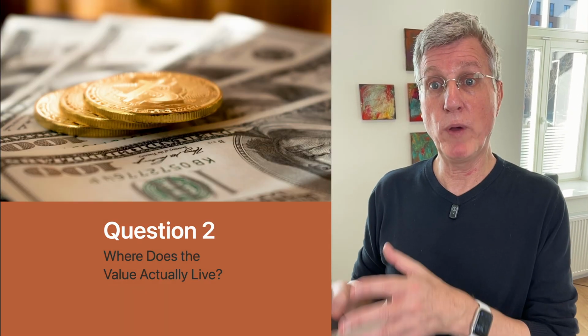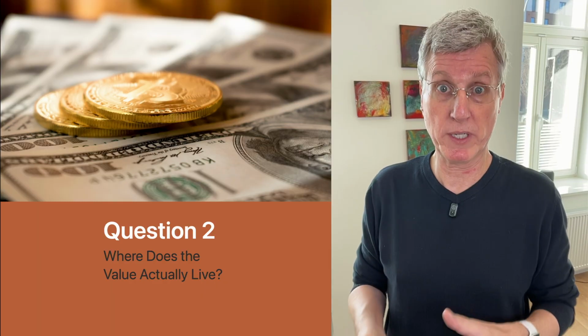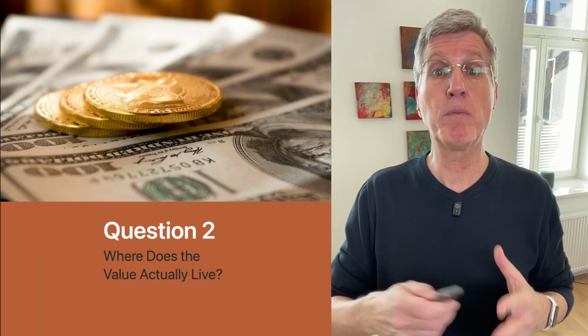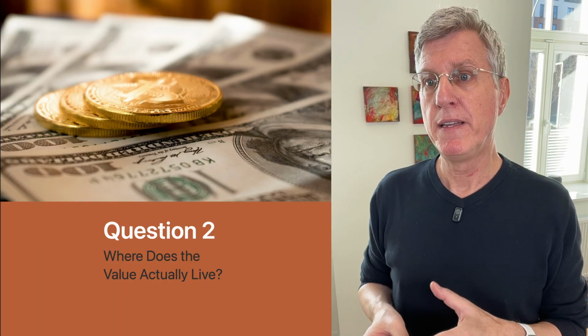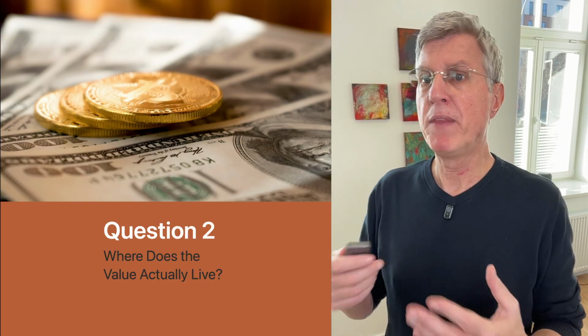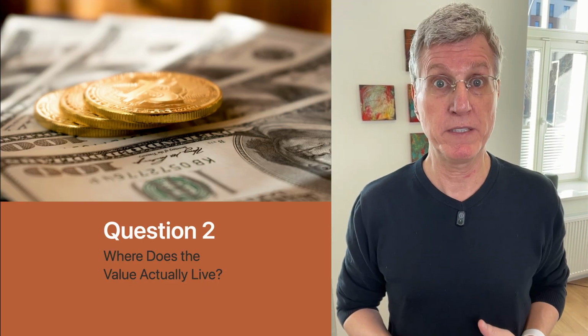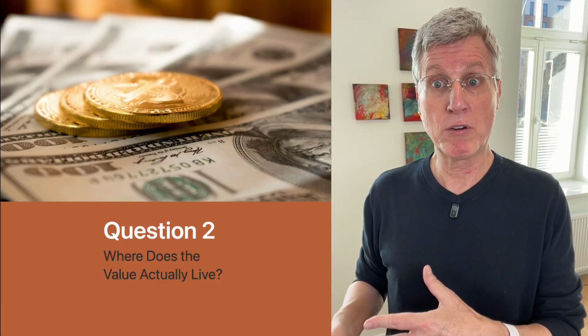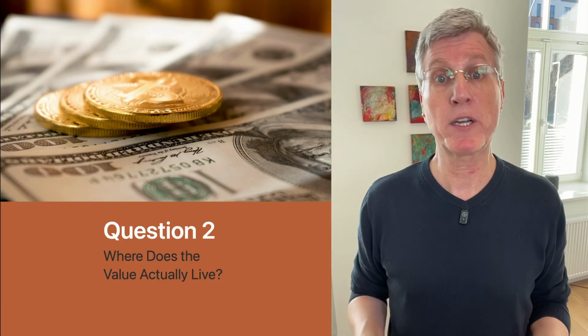Question 2 is, where does the value actually live? And think about Maria's bookstore. If the value is in specific books, let's say rare or specialized inventory, that points towards sales or a marketplace.